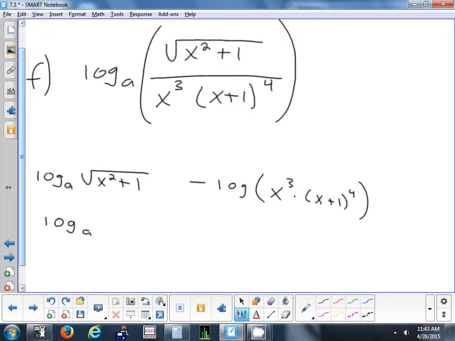Yeah, but not with addition or subtraction. Yep, what would you put as an exponent? You'd put a 1/2. Okay. Taking the square root of x squared plus 1 is the same as raising it to the 1/2. And the reason why we're going to put that 1/2, you're going to see in a second. Okay. And then once we do something with that 1/2, that part is going to be done.